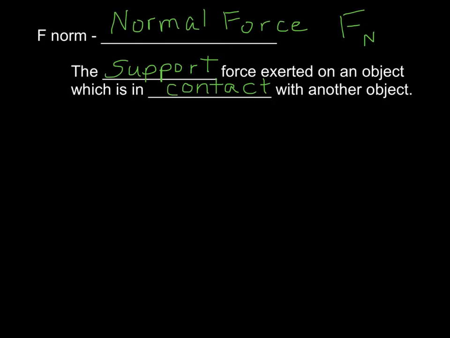If you have two things that are in contact, for example, a book resting on a desk, the desk must be applying a force on the book to keep that book from falling to the floor. There's a force there that's supporting the book. That's the normal force. The normal force is a support force when two objects are in contact.